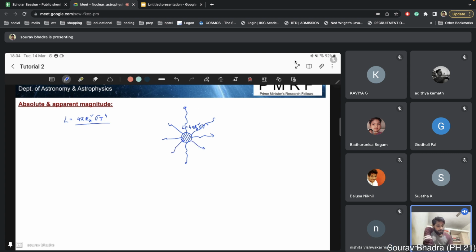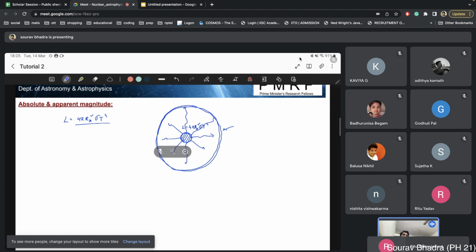Now if you consider a surface like this around the star, while the star is at the center of the circle, then the luminosity L coming out from the star will go through this total surface, the big surface which I have drawn.